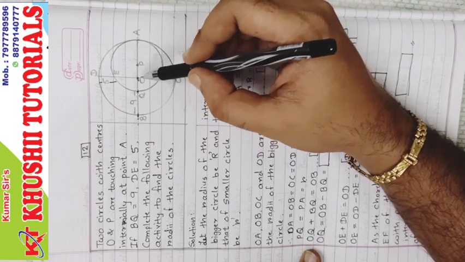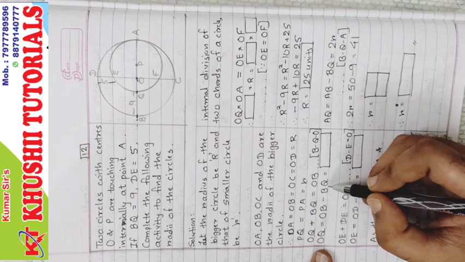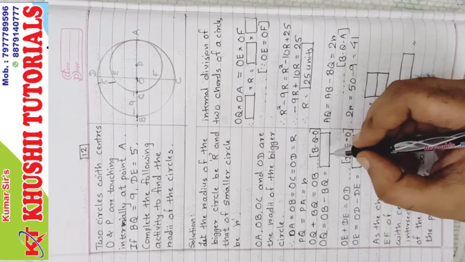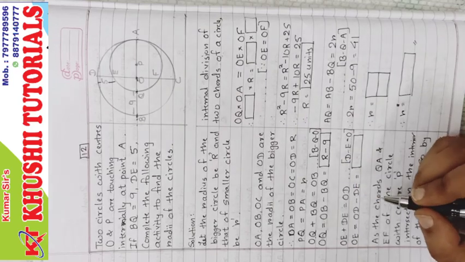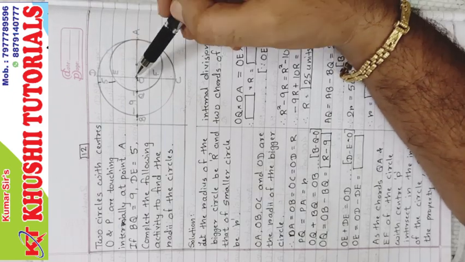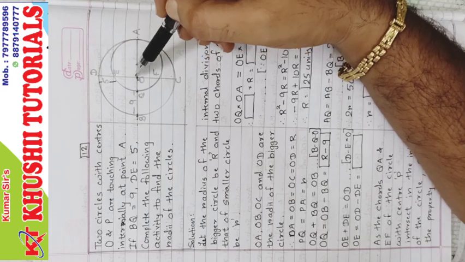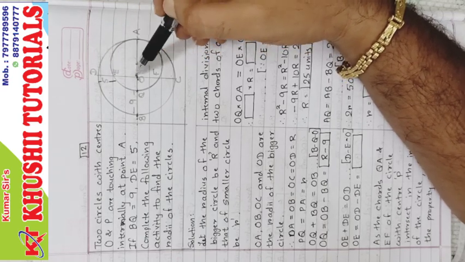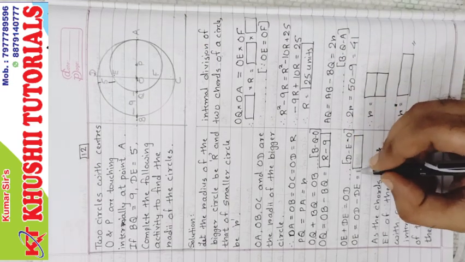So QO will be BO minus BQ, which is R minus 9. Now similarly OE will be OD minus DE. What is OD? OD is also R. So this will be R minus 5.